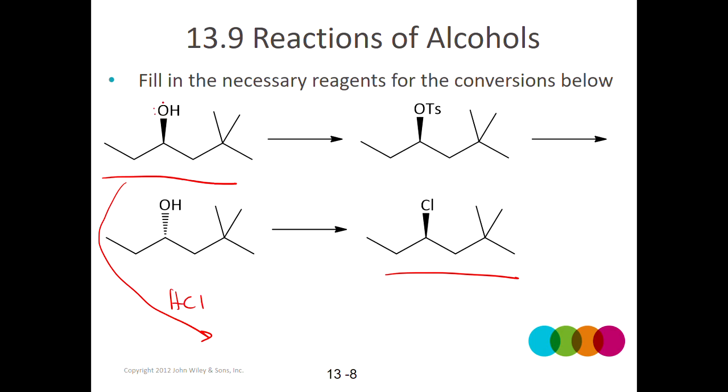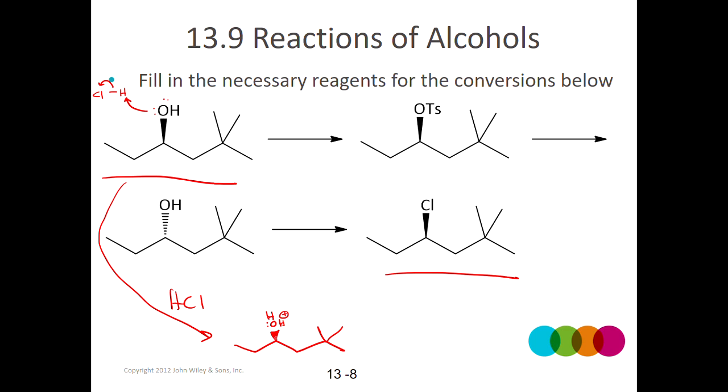which would be my first instinct if I thought about replacing an OH with a Cl, what's going to happen is the OH is going to pick up a proton from the HCl, and it's going to make that into a much better water leaving group. Oops, there'd be another proton there now.